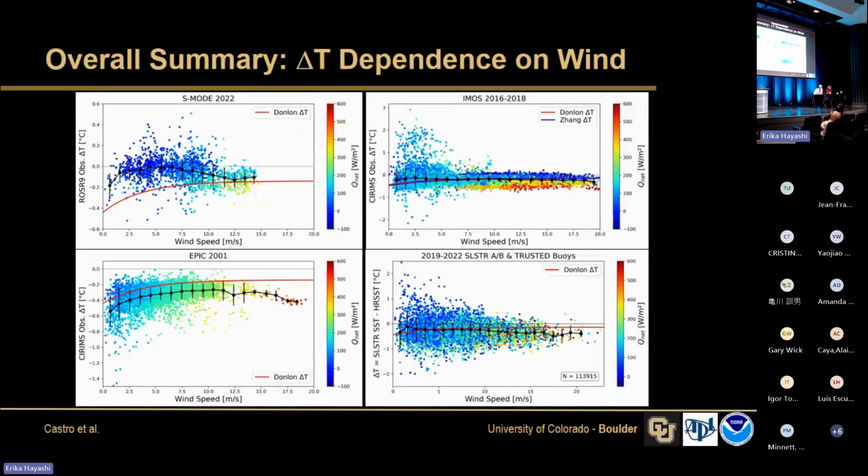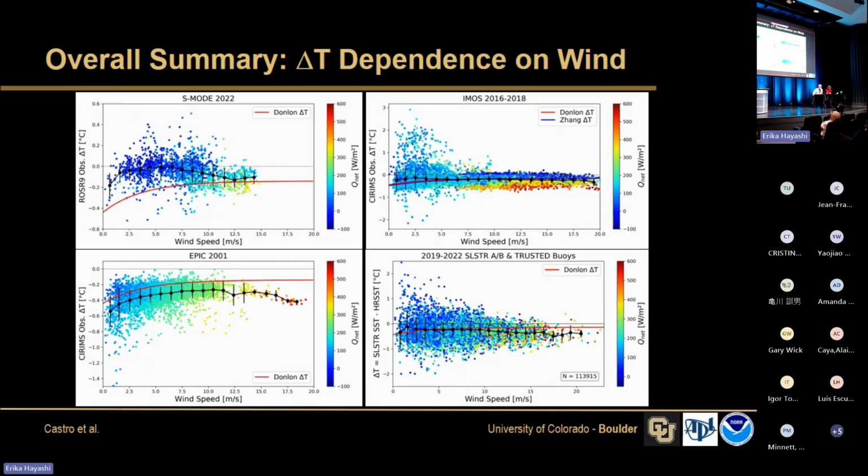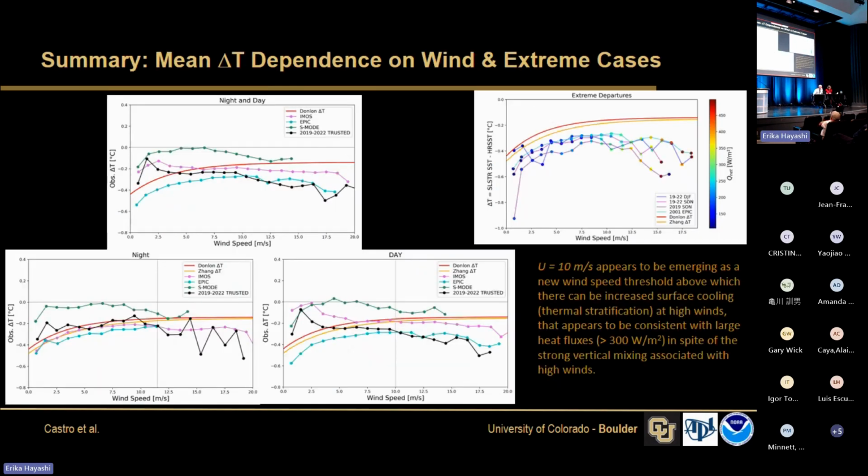So if I put all of them together, I just want to emphasize two things. These data sets are very, very different, but all of them have in common departures from Donlon, mainly at high winds and high heat fluxes, but also at low winds and low fluxes. They all have stratification with heat flux, which suggests that these departures are being driven by the heat flux.